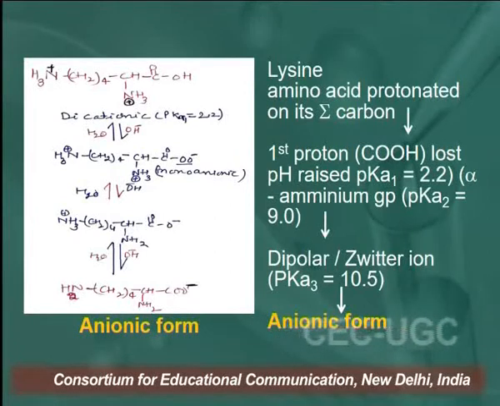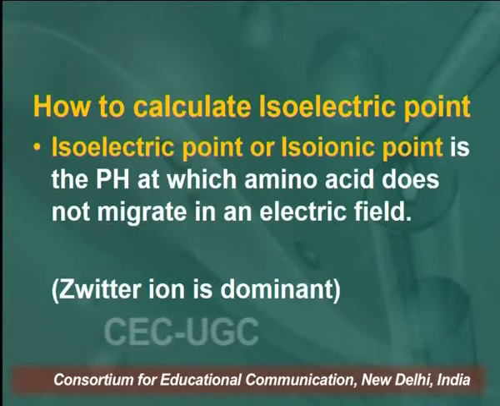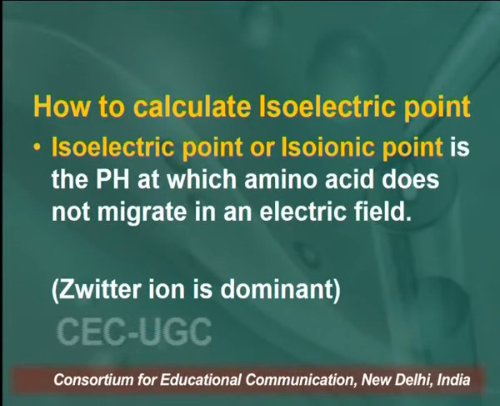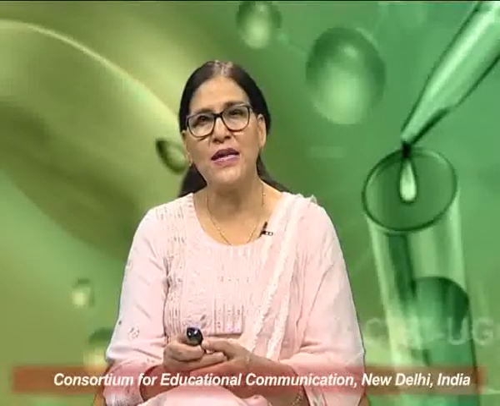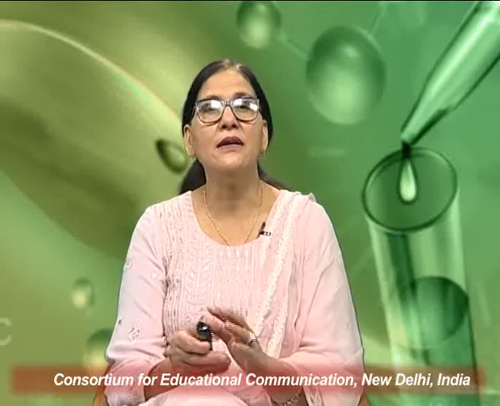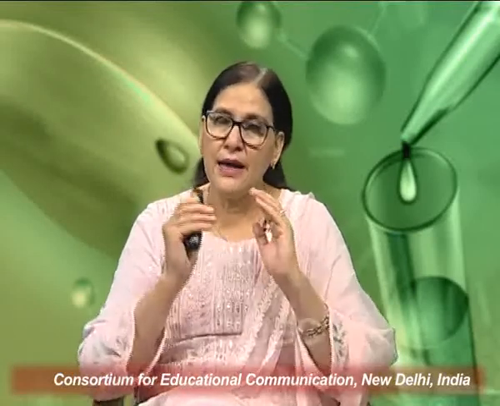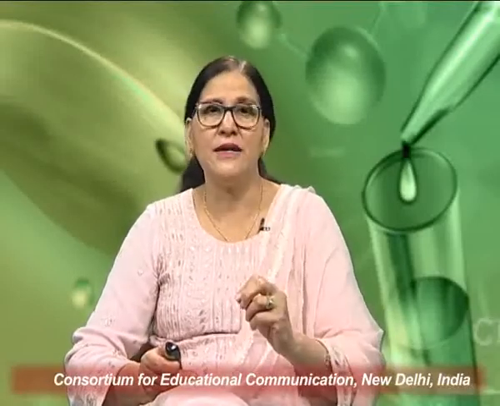So how will we calculate the isoelectric point of these? This is a very important point you have to remember during the calculation of isoelectric points. The isoelectric point is also called the isoionic point. It is the pH at which the amino acid does not migrate in an electric field. It means that at that time the Zwitter ion is dominant.